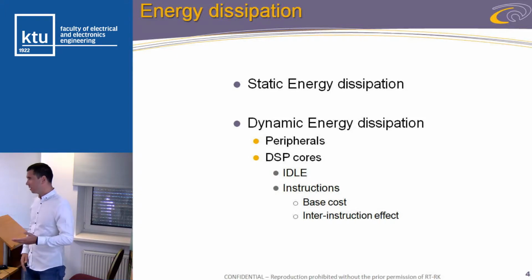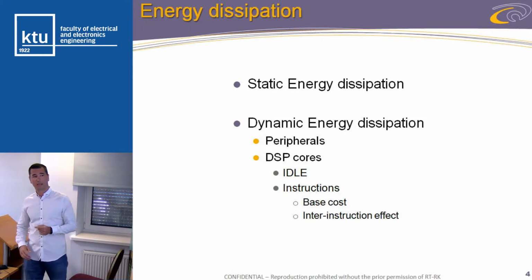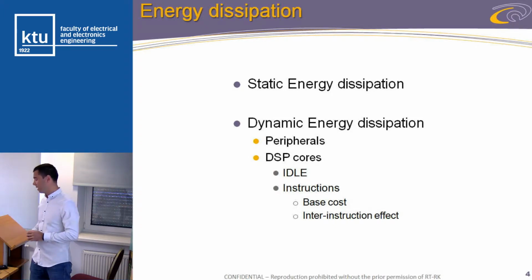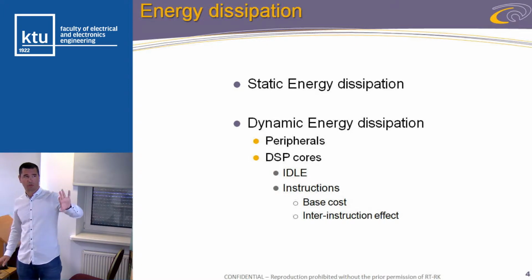If instructions are being executed, we can divide base costs and inter-instruction effects. I won't go into details on those components. That is not the focus of this presentation, but I just want to emphasize that those are the base components everyone should be aware of.